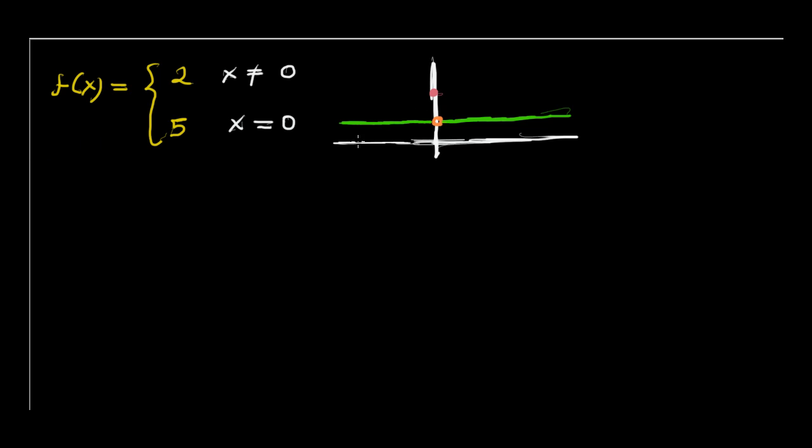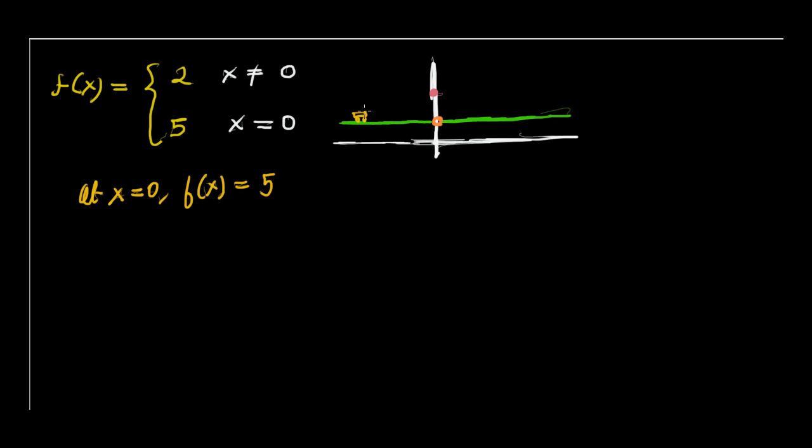So we say that at x equals 0, f of x is equal to 5, right? But if you are in a car traveling along this line, you don't know that at x equal to 0 the function is going to jump out of 2. It's so small a gap that you'll assume that this road is a straight line.